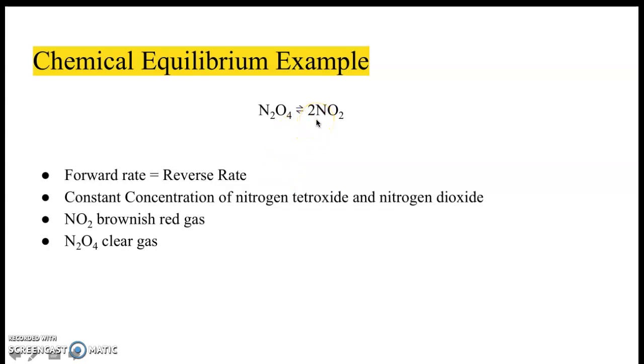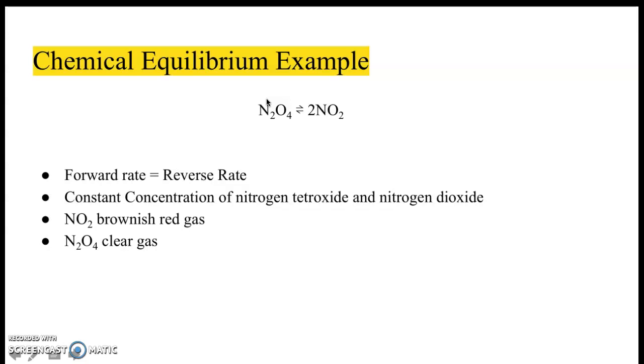Nitrogen dioxide is a brownish red gas. Dinitrogen tetraoxide is clear. When you have an equilibrium, there are conditions that can be set forth where you can favor the forward reaction, so making this product, or you could favor the reverse reaction, making this product.